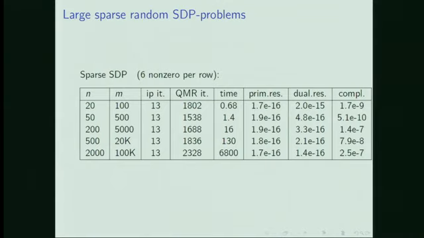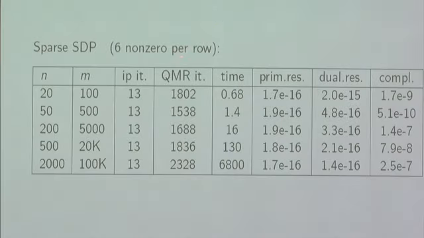So those problems can be solved, and by using the fact that this matrix A star typically allows a sparse Cholesky factorization, we can always enforce that the primal-dual equations are almost fully satisfied. These instances happen to be strictly feasible, so that's why the feasibility is always achieved at the end. And the running time is up to 2 hours in this case. So those are at least acceptable running times.